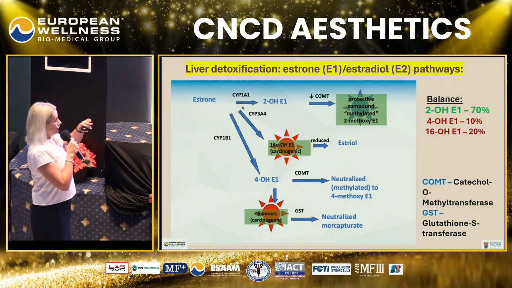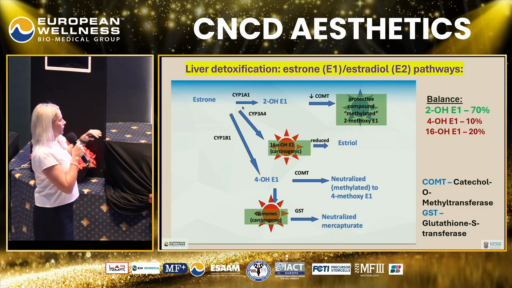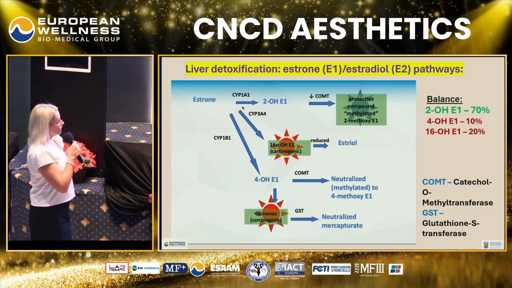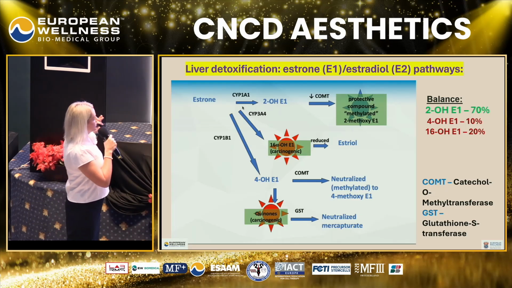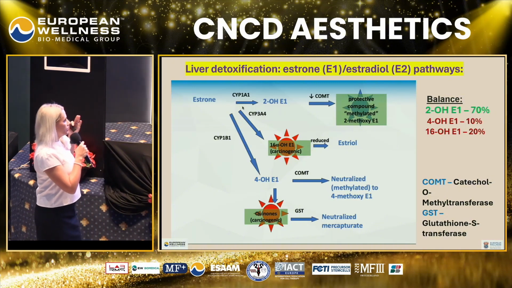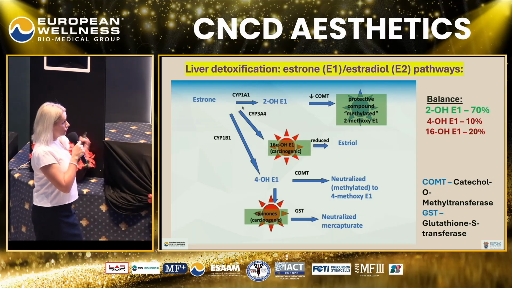And if everything is okay and there is a balance, 70% of the estrogens are supposed to be utilized by this 2-hydroxy pathway. The rest, 4-hydroxy and 16-hydroxy, are potentially carcinogenic. So the amount of estrogens utilized via these two pathways is supposed to be only 10% regarding 4-hydroxy, and only 20% for 16-hydroxy.